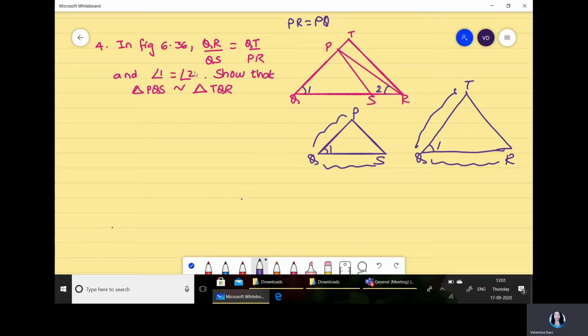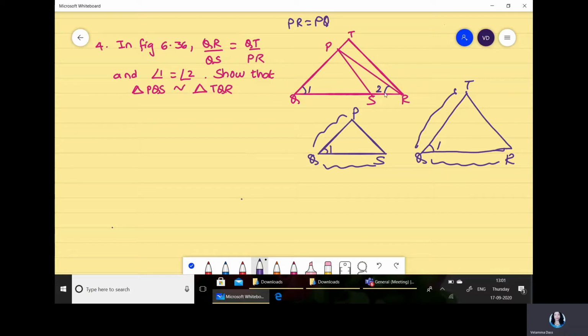Now one more fact is given, that angle 1 and angle 2 are equal. So if I consider angle 1 and angle 2 as part of triangle PQR, we find that the base angles are equal. So if base angles are equal, we can use the isosceles triangle theorem, that is the converse of the isosceles triangle theorem, which says that sides opposite to equal angles are equal.